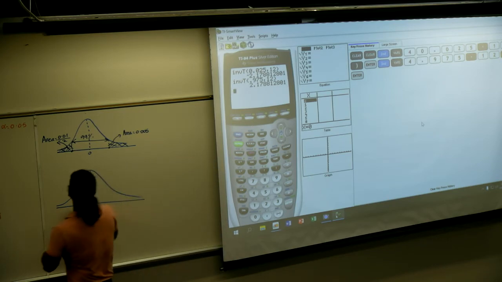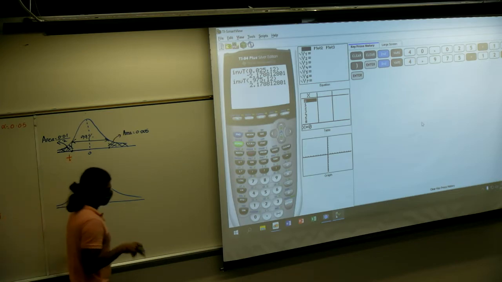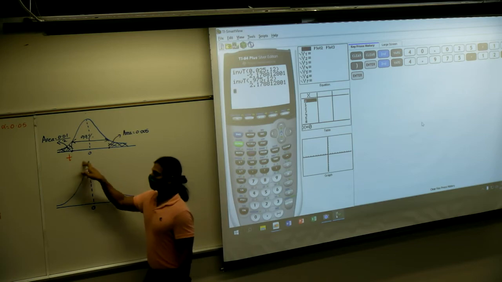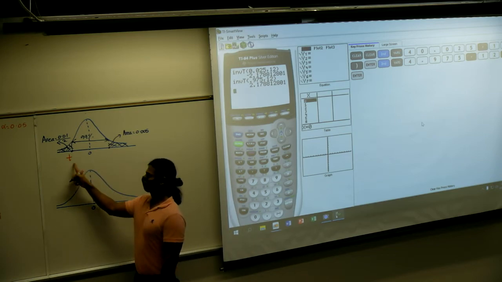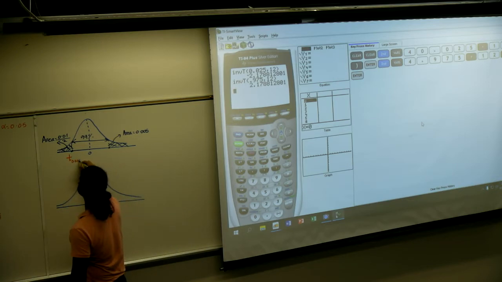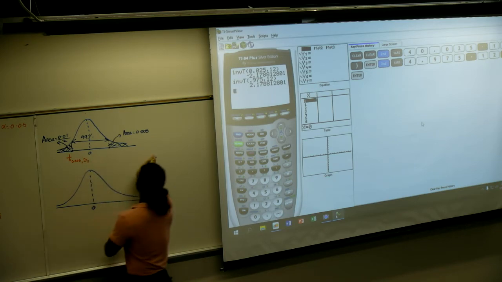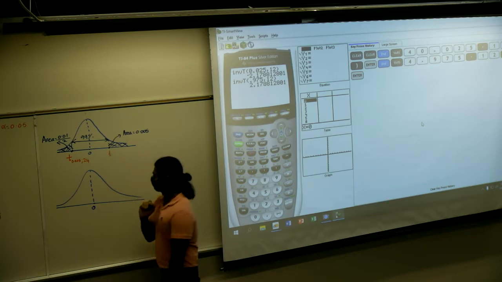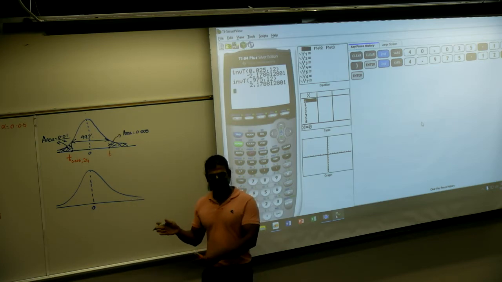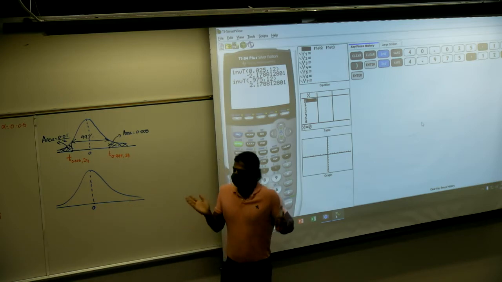So in terms of the notation, let's see if we can give me exactly what should go here. T sub 0.005, comma 24. On the other side, it would be T sub 1 minus 0.005, which is 0.995, 24. You can pick which one you like.